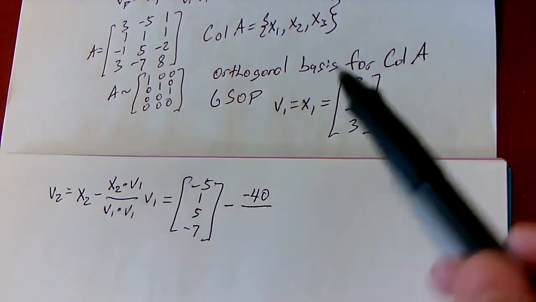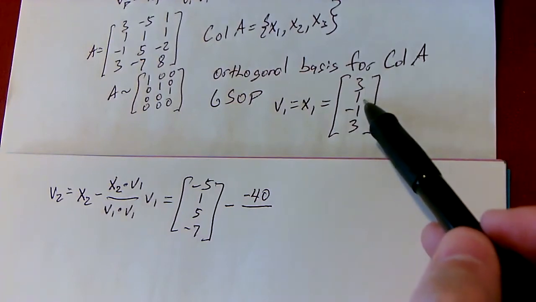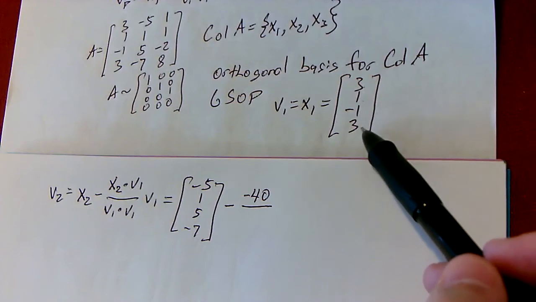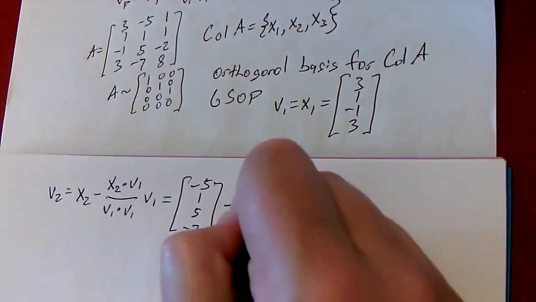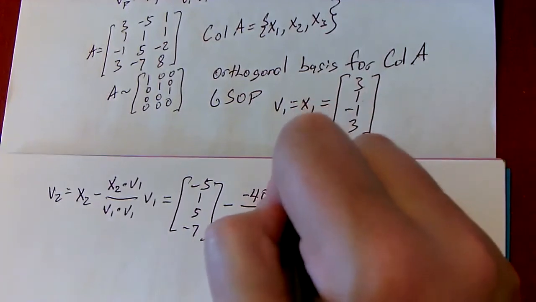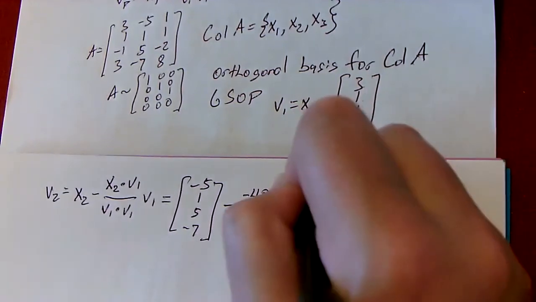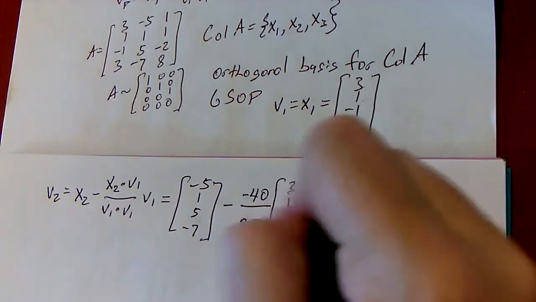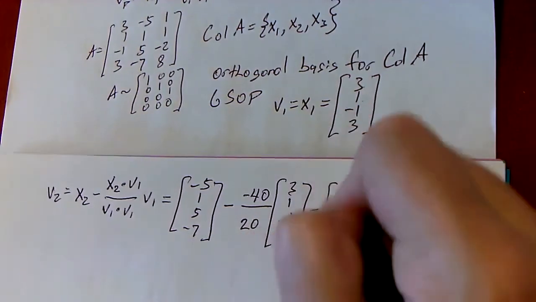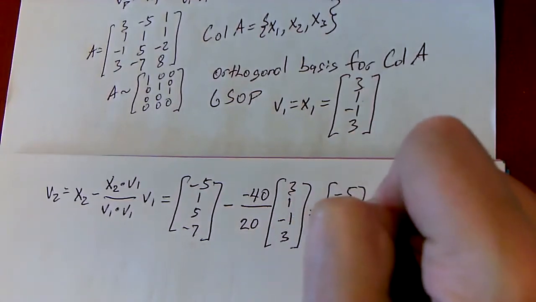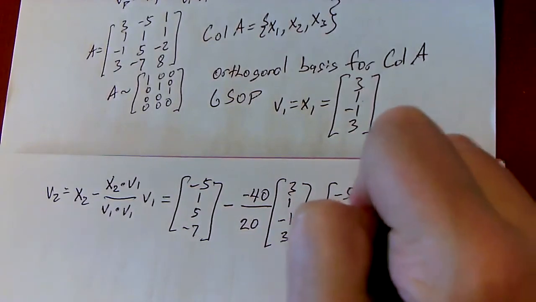Divide that by V1 dot V1. So 3 squared is 9, 1 squared is 1, that's 10, 1 squared is 1, that's 11, 3 squared is 9, that makes 20. We're going to multiply that by V1, which is 3, 1, -1, 3. So I've got -5, 1, 5, -7, and I am subtracting.